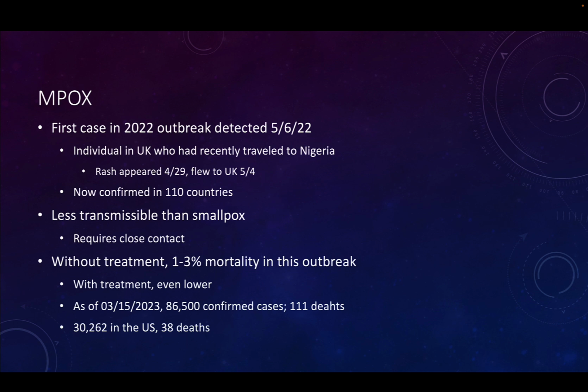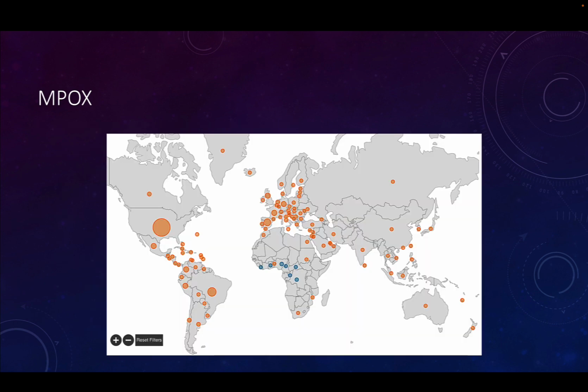In the United States, the US has had the highest burden of infection. There have been over 30,000 cases and 38 deaths. This is a map from the CDC showing all of the countries that have had diagnosed Mpox infections. The size of the circle is representative of the number of cases. The circles in blue represent countries where Mpox is endemic.